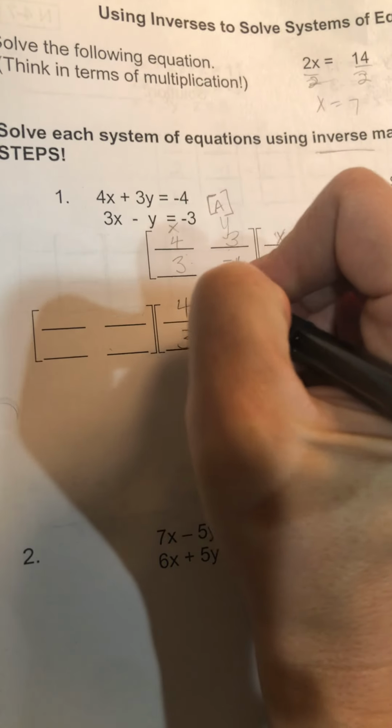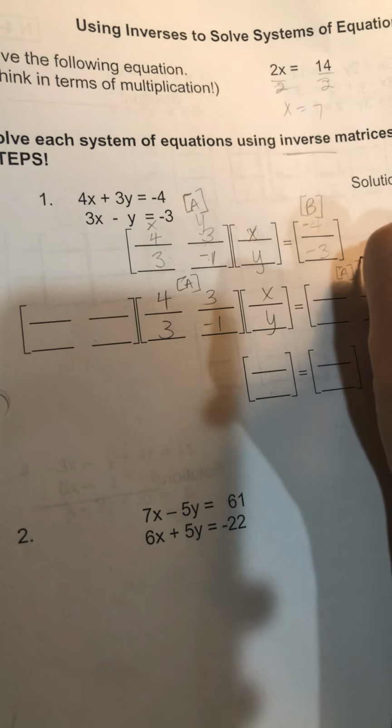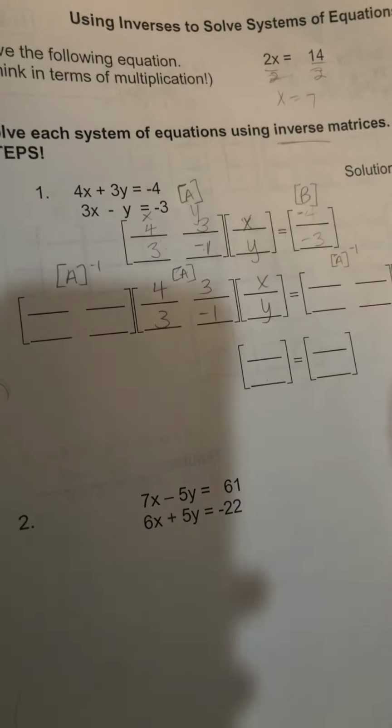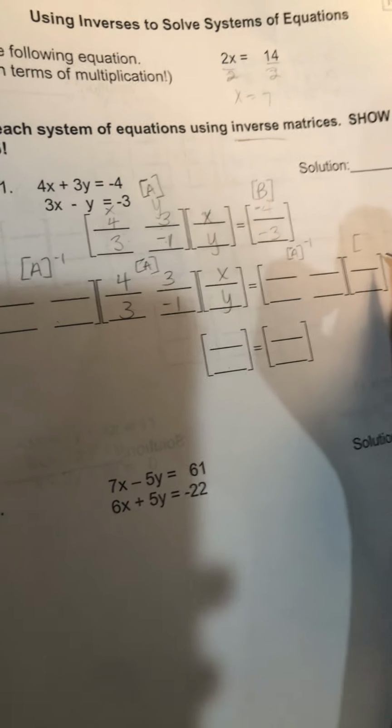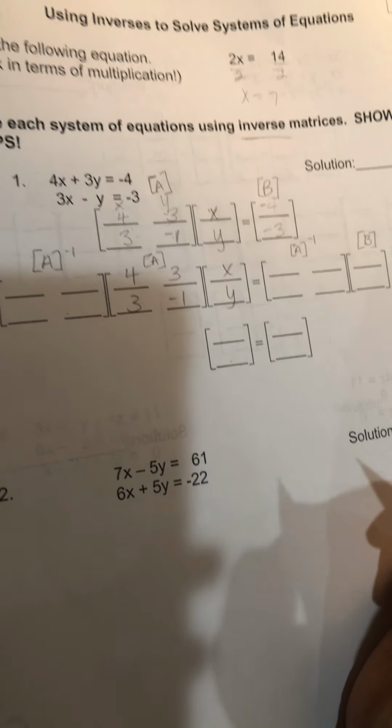So let's put this as A. So right here, you're going to put A inverse, and this is going to be A inverse, and then this is going to be your B over here, okay?